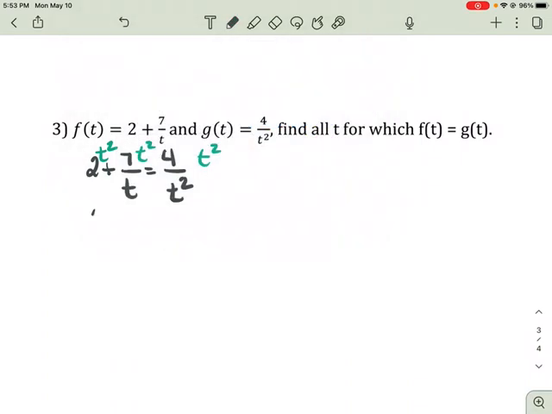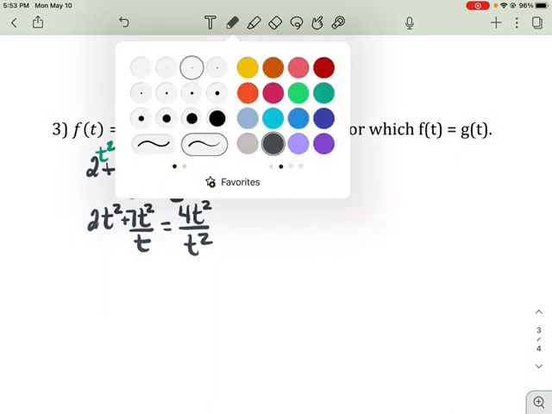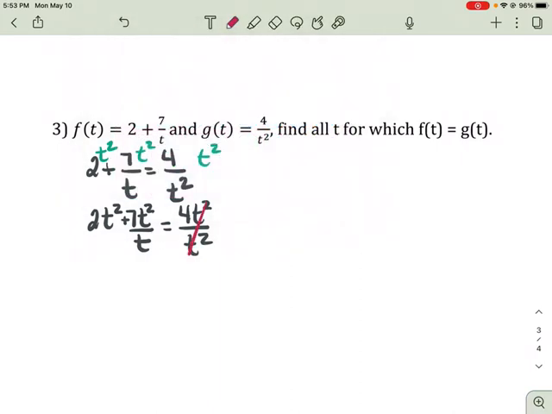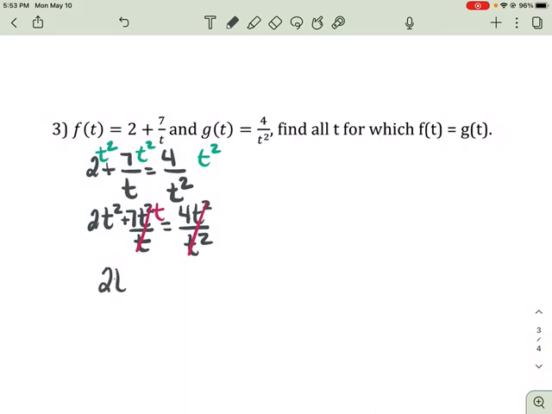So we get 2t squared plus 7t squared over t equals 4t squared over t squared. Now we should see that these are going to cancel and we're left with just a t here. So 2t squared plus 7t is equal to 4.